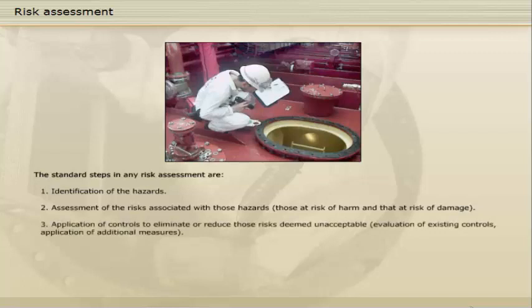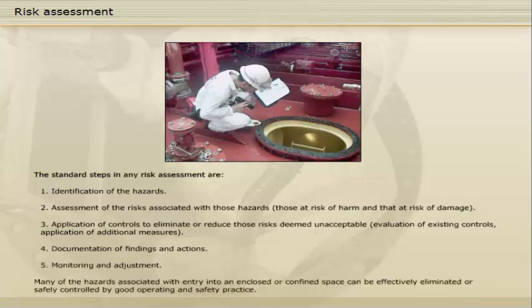Application of controls to eliminate or reduce those risks deemed unacceptable by evaluation of existing controls and the application of additional measures. 4. Documentation of findings and actions. 5. Monitoring and adjustment. Many of the hazards associated with entry into an enclosed or confined space can be effectively eliminated or safely controlled by good operating and safety practice.